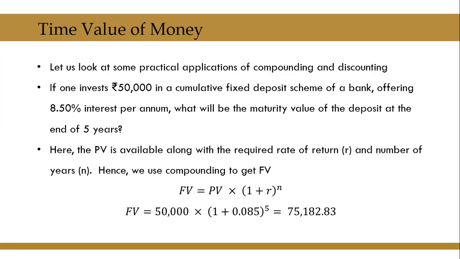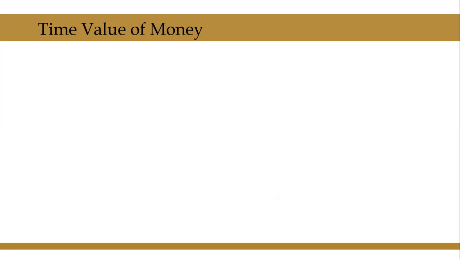The maturity value of this deposit will be 50,000 multiplied by 1 plus 0.085 because interest rate is 8.5% to the power of 5, which is rupees 75,182.83.